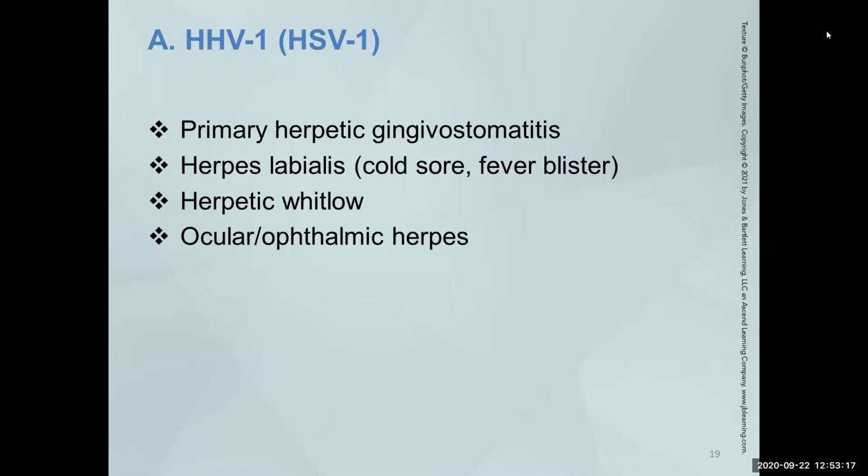Stress can do that. But herpes labialis, that's the herpes simplex ulcer that you get on your lip, labialis. Herpetic whitlow is on your finger. And there's ocular or ophthalmic herpes as well. I can't even imagine that one.